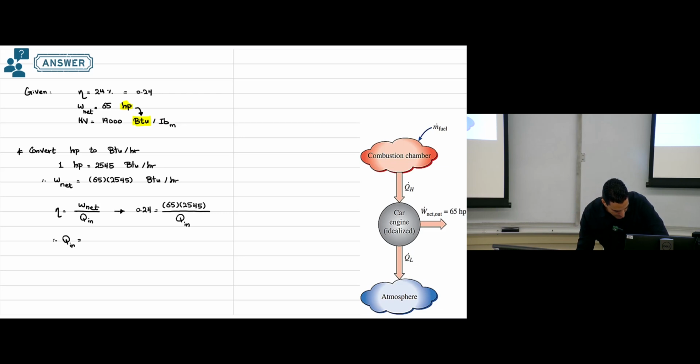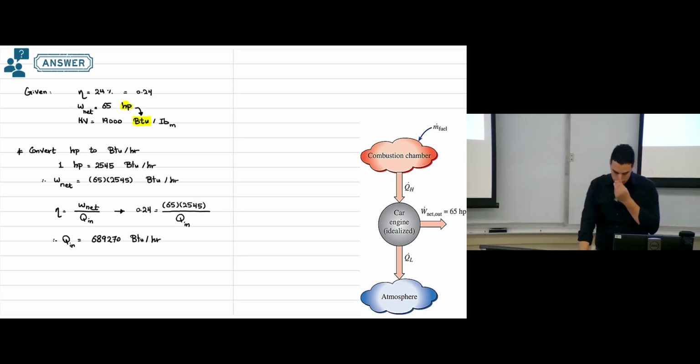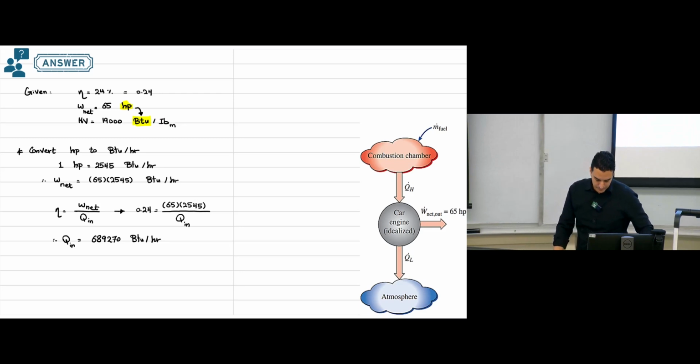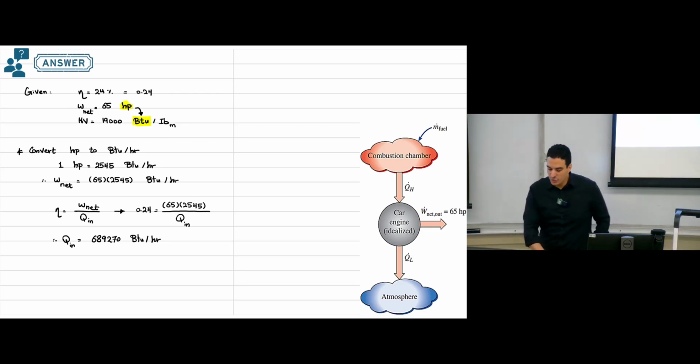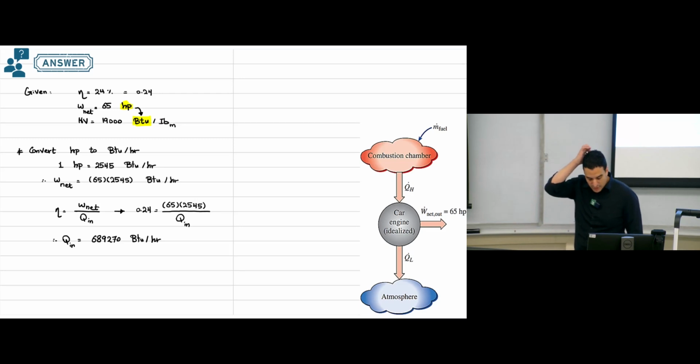That will be about 689,270 BTU per hour. So this is the Qn that we need to add to the engine, okay?